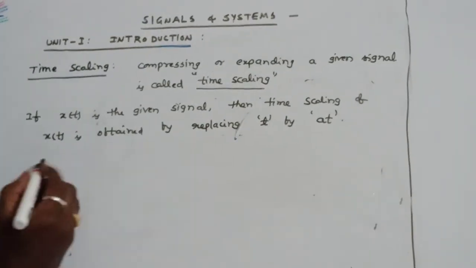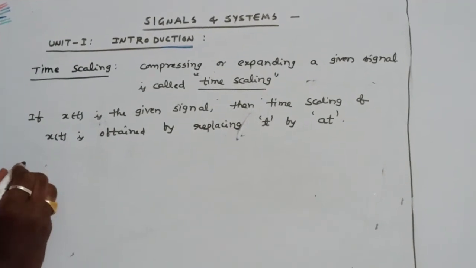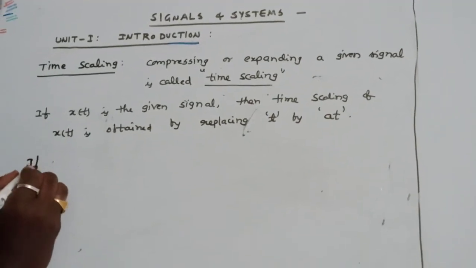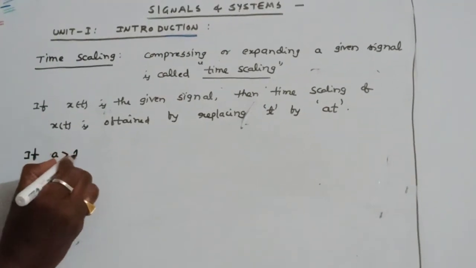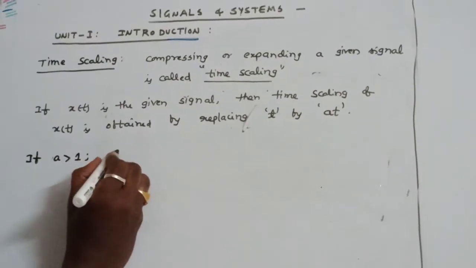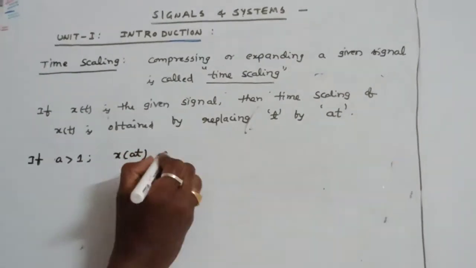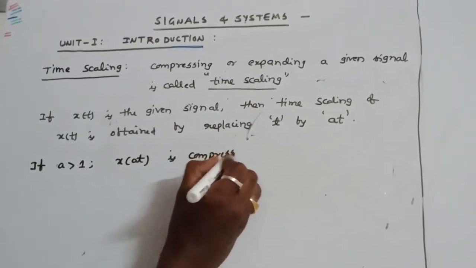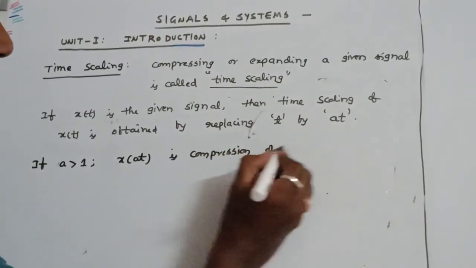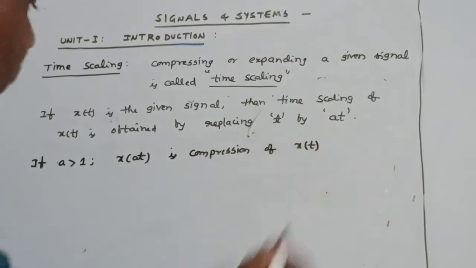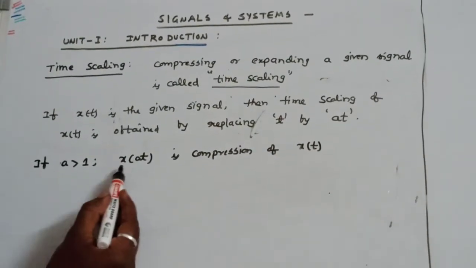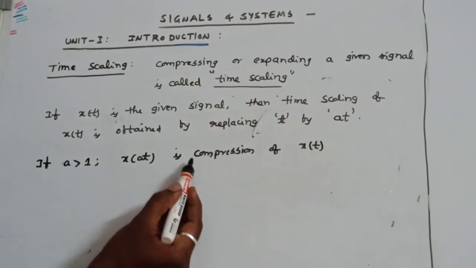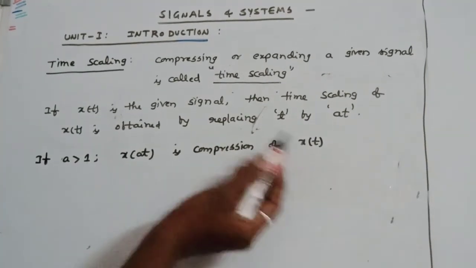So that means, for example, if a is greater than 1, then x of at is compression of x of t. If a is greater than 1, then x of at is called the compressed version of x of t.